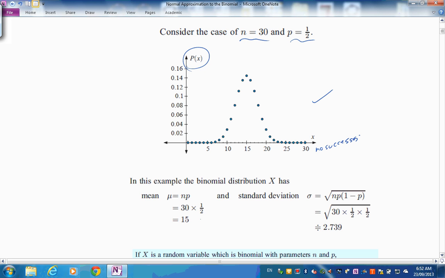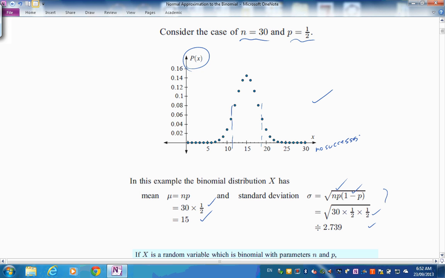And here we've just discussed the mean, 30 by a half, and the standard deviation. Now this isn't covered in this course, but the standard deviation can be given by the square root of np(1 − p), and that's going to give you an approximate normal distribution here with 1 sigma either side.